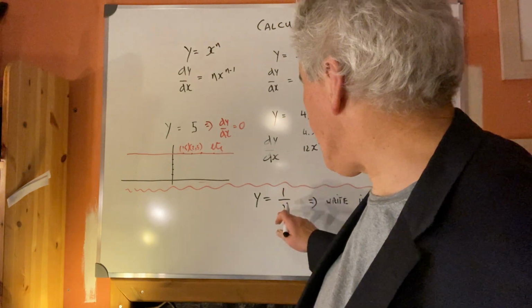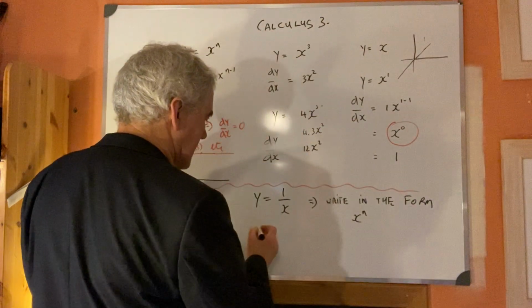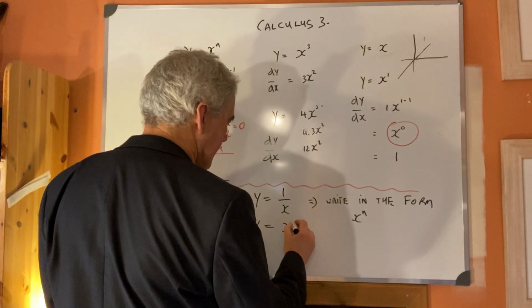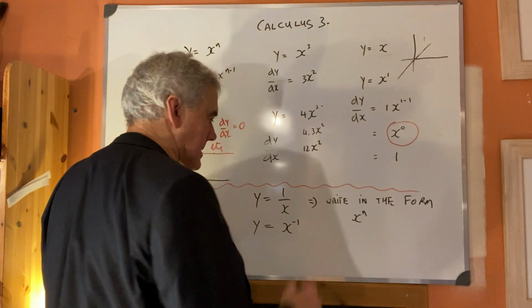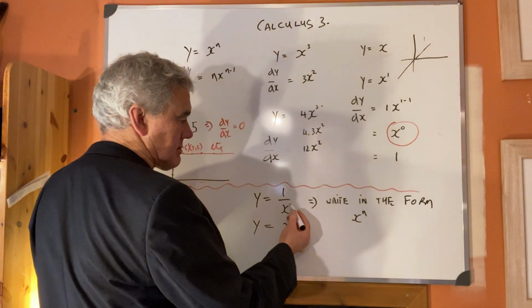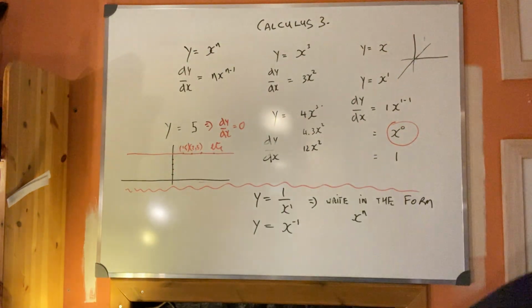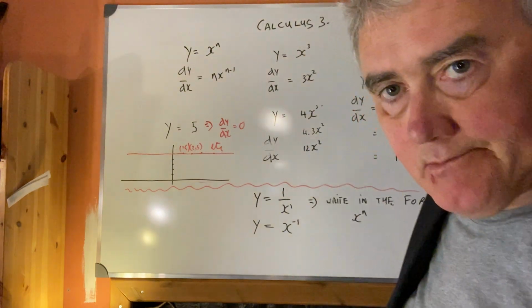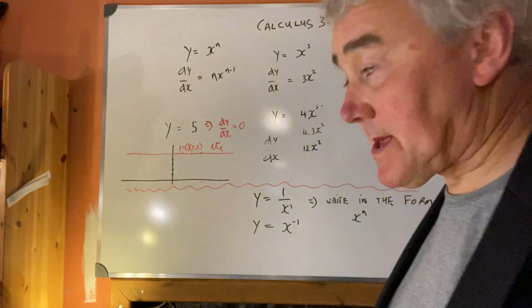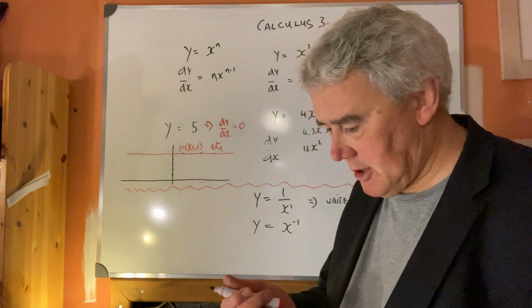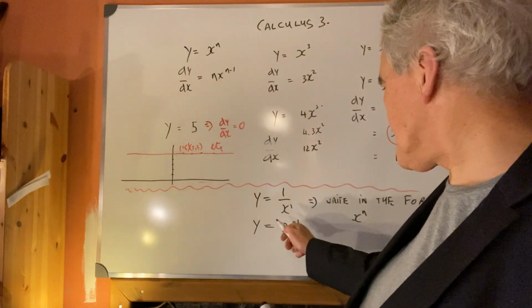So how do I do that? Well, basically 1 over x can be written as x to the minus 1, because the power of the x here is 1, as we know. Now this is another indices thing that we need to look at down the line. Why are these the same thing?